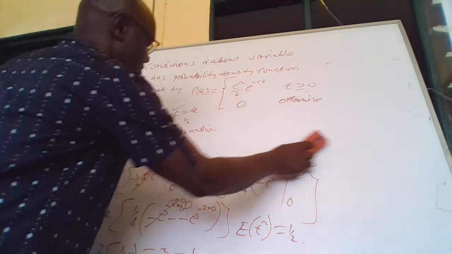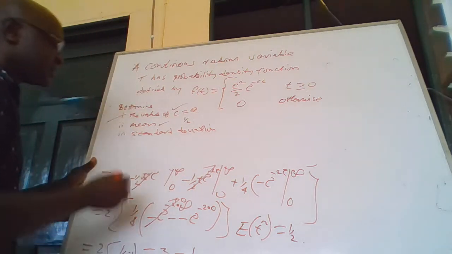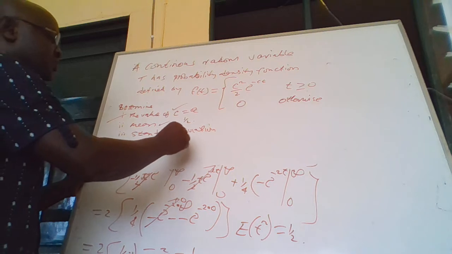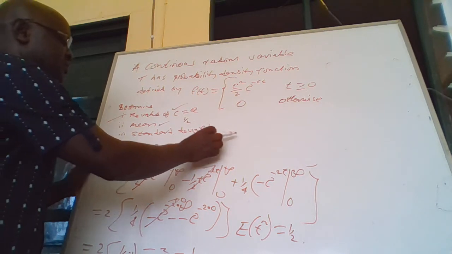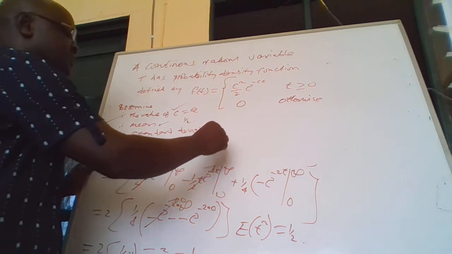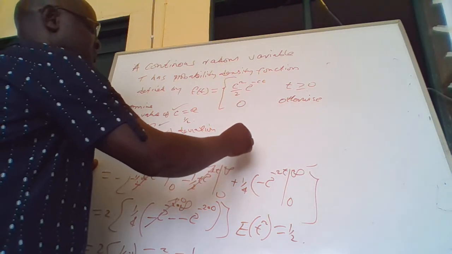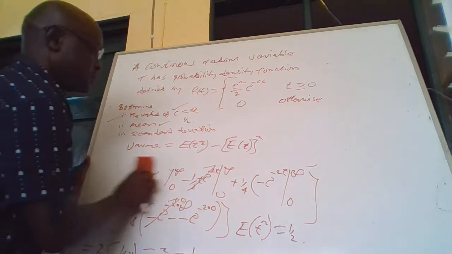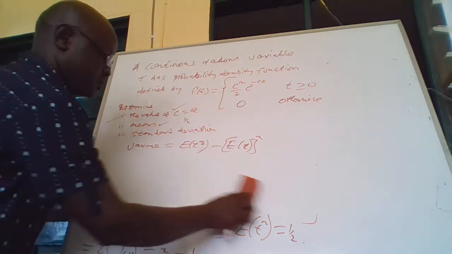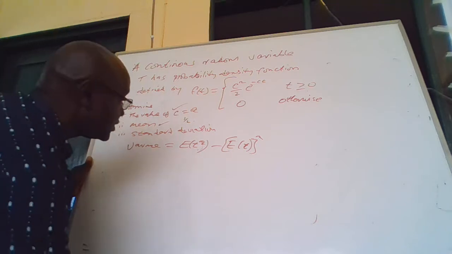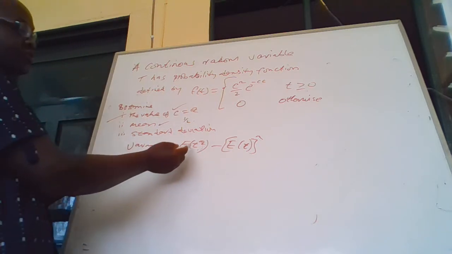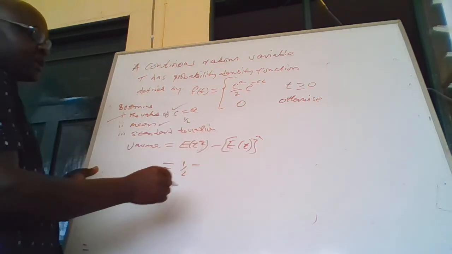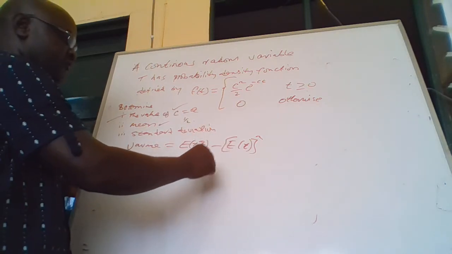But remember what we said? We say that variance equals expected value of t squared minus expected mean squared. Therefore, variance equals, this is now a half minus mean, which was a half, squared.